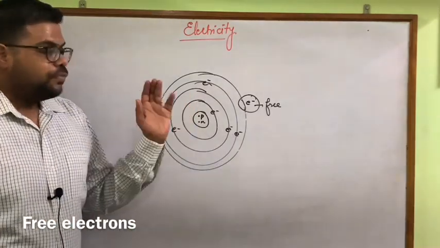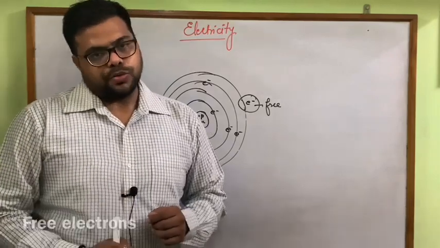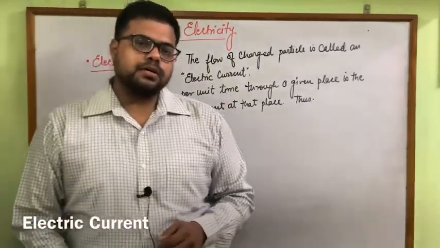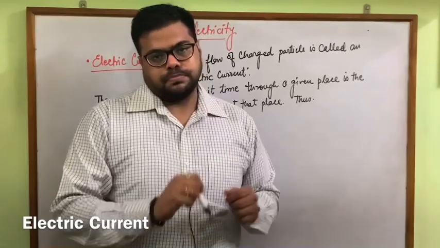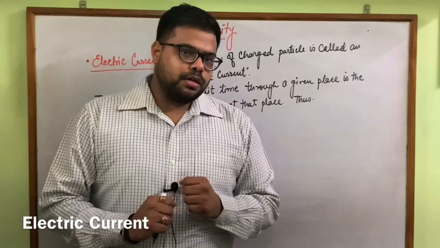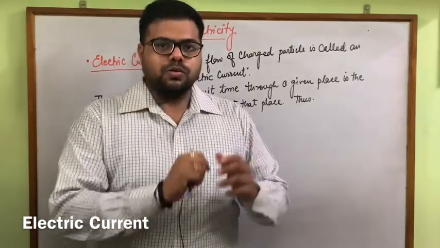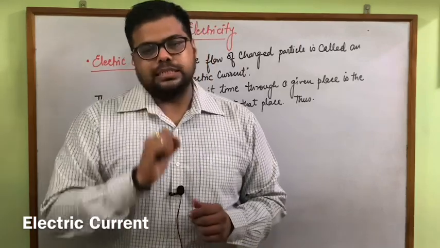Next we are going to discuss electric current. Like water in a river, blood in our body, a particular thing which is in a steady state, meaning continuous flow, is known as current.